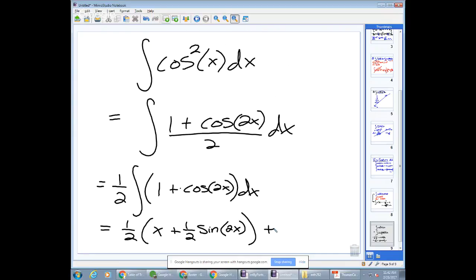And then I can put my plus c. So differentiating this bottom line should take me back to the half angle formula. The half angle formula takes me back to cosine squared. Okay. So if there's even powers of cosine and not a corresponding sine to help deal with that, that's one way to handle it.